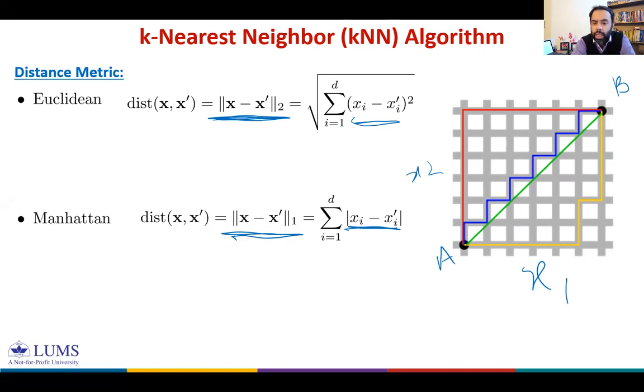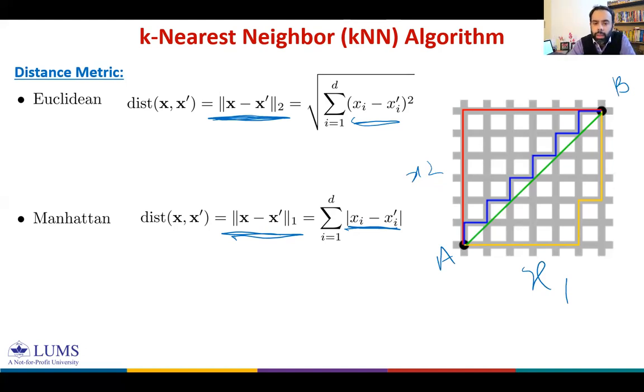Euclidean distance is the distance of the direct path from A to B, whereas Manhattan distance measures a distance following only axis-aligned directions. When you move from point A to point B and you want to compute Manhattan distance, you are only allowed to follow axis-aligned directions. So you cannot go the diagonal way.